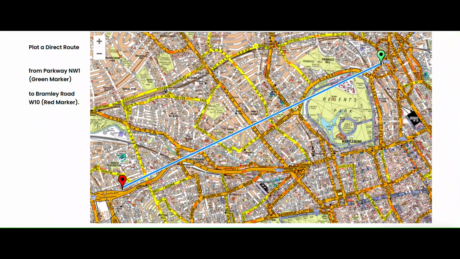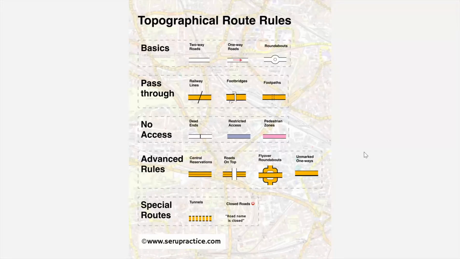Why and how I was able to plan this route so quickly is because of the understanding of topographical route rules. Let me explain this to you. What I have here on the screen is topographical route rules.